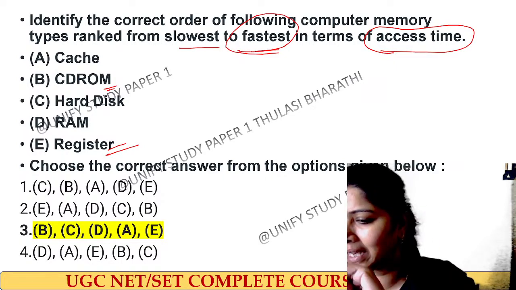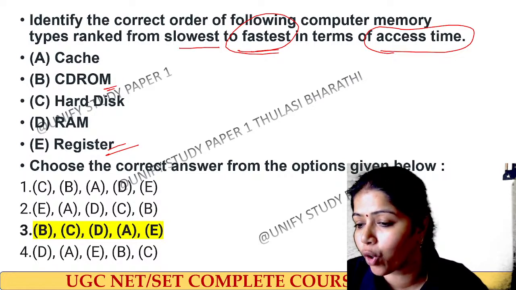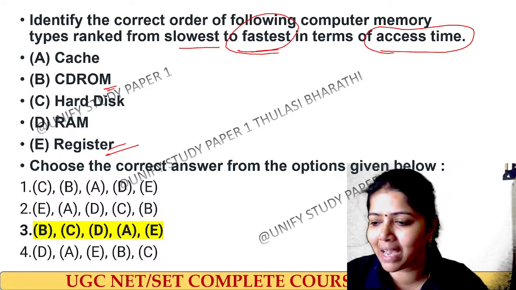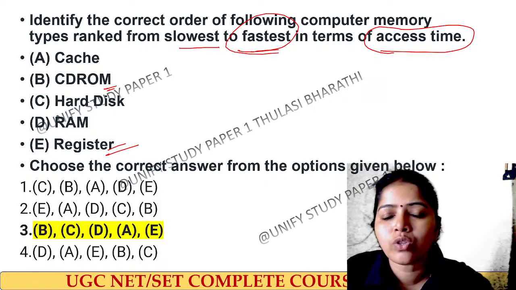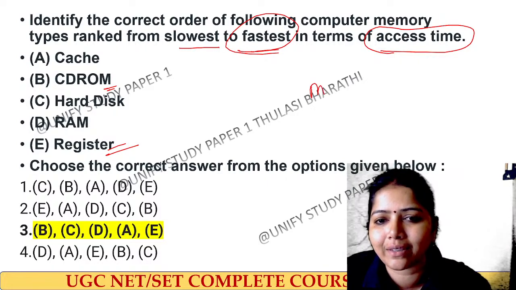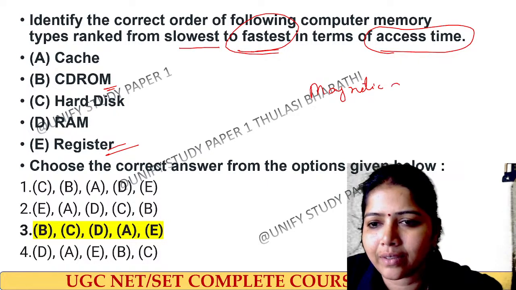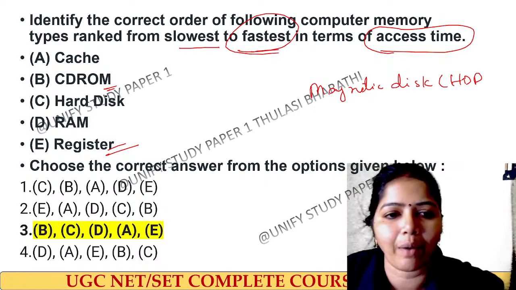Right. And Kavya, for your doubt, you asked me, ma'am, it is confusing with CD-ROM and DVD, floppy disk and magnetic disk. So I'll just give it to you. First we have the magnetic disk, that is a hard disk. Magnetic disk will be the fastest. That will come here.